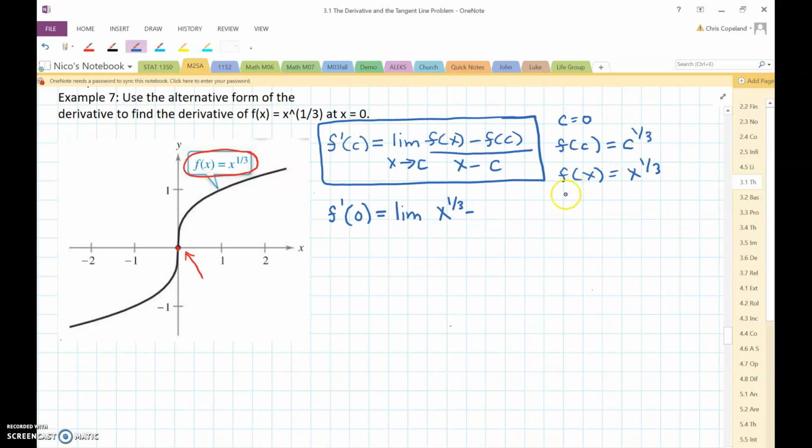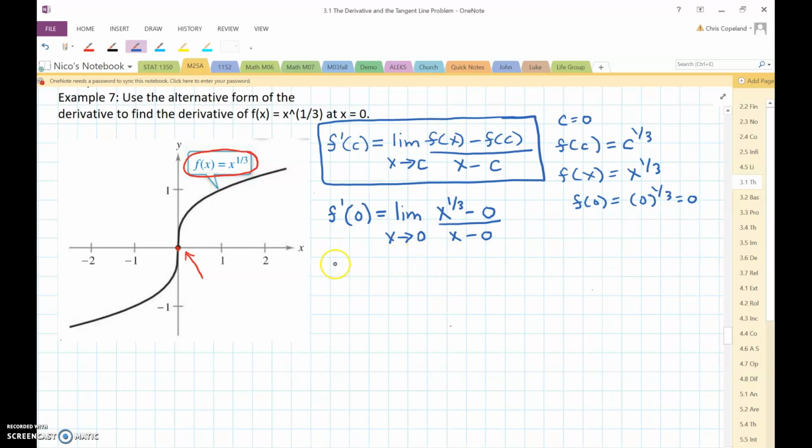So f of c here is really going to be f of 0, which equals 0 to the 1/3 power, which would be equal to 0, all over x minus 0 as x approaches 0.